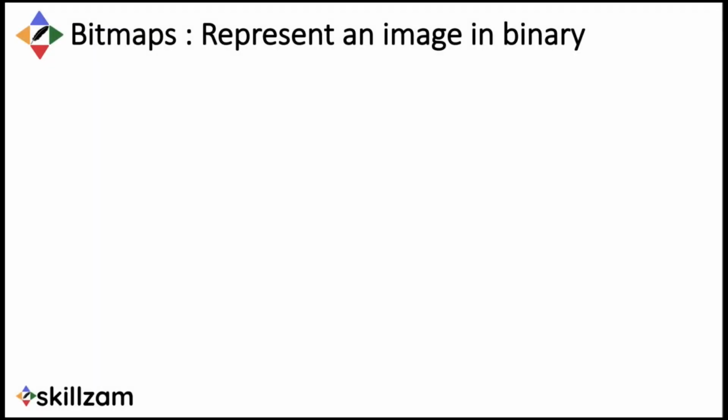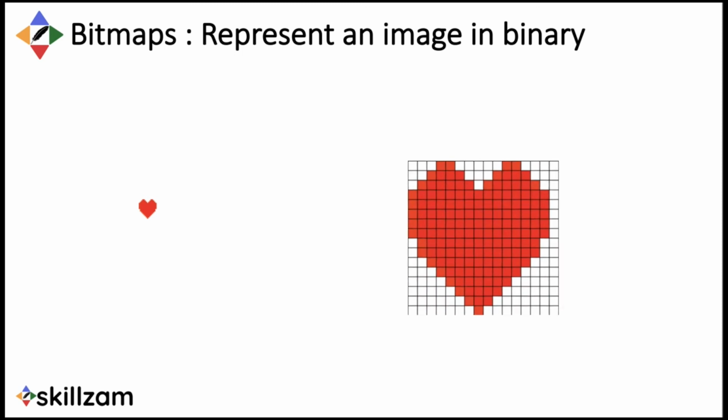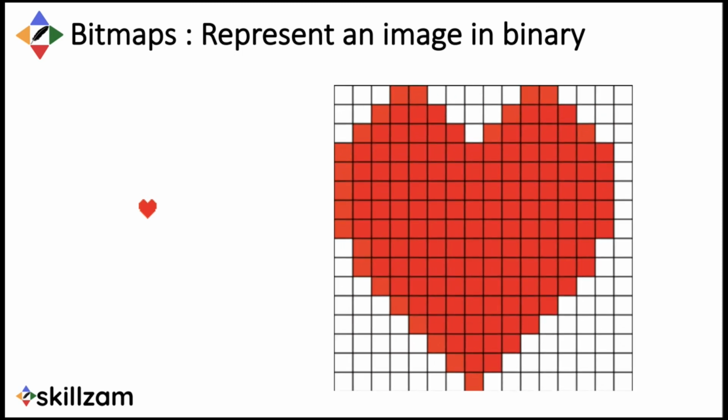Bitmaps represent an image in binary. Images are all around us, from application icons to animated GIFs to photos. Here's a simple image, a 16 by 16 heart icon. Let's zoom in and overlay a grid on top so that it's easy to see exactly which pixels are red and which pixels are white.